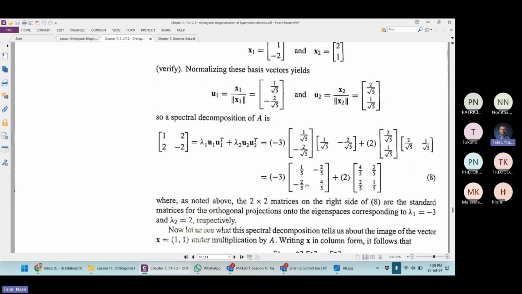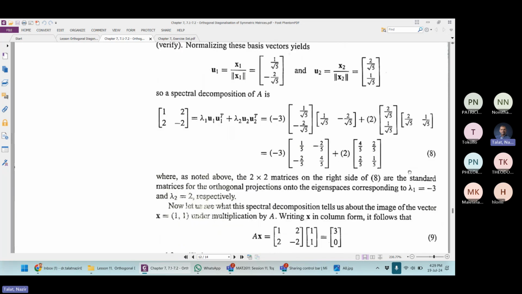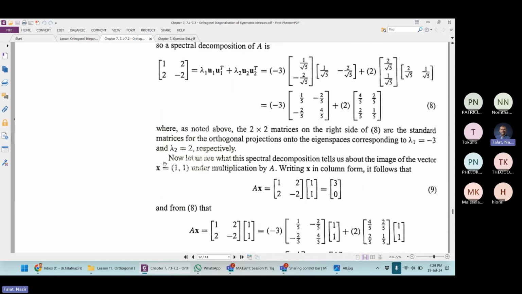This is your A and this is its decomposition. Now suppose that we have a vector 1 1. If we multiply A, which is 1 2 2 -1, by x, say 1 1, the answer will be 3 0.